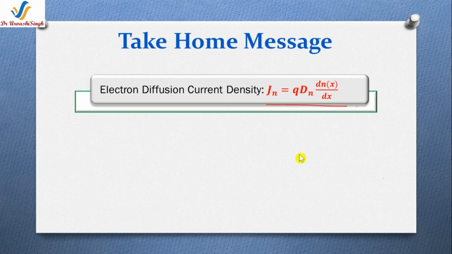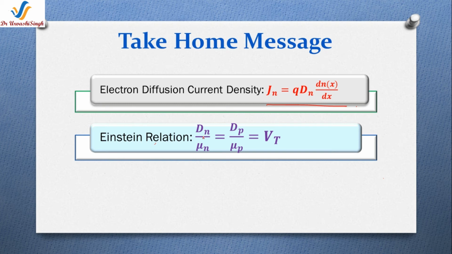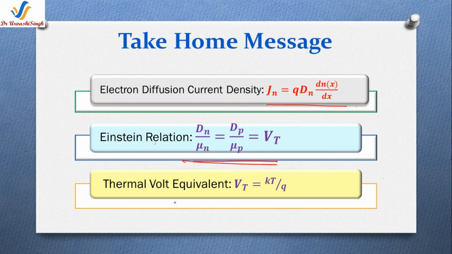And the next is the Einstein equation, which defines that there is a relationship between the diffusivity and mobility, and for the semiconductors it is given by this equation where Vt is the thermal volt equivalent whose value is 26 millivolt at 300 Kelvin. Now let's see the frequently asked questions from the topic.